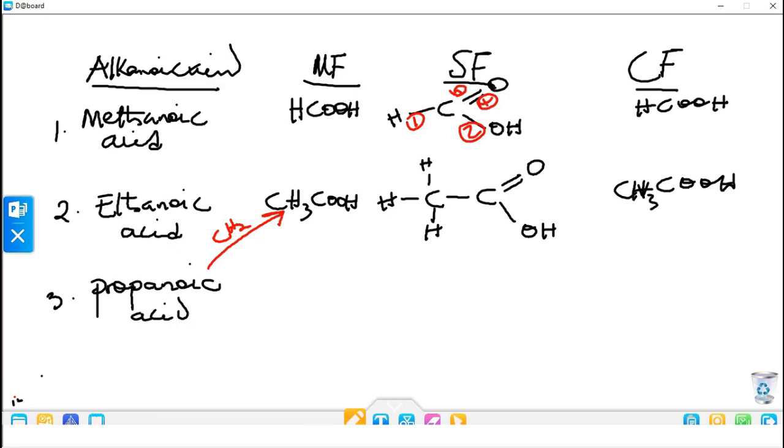So that implies that if I'm to get my molecular formula for propanoic acid, having known that for ethanoic acid, this is going to be C2H5COOH. COOH is like a constant for all of them. So adding CH2 to CH3, that will give me C2H5. And then I pen down my COOH. So in a nutshell, we have 3 carbons and 6 hydrogen and 2 oxygens.